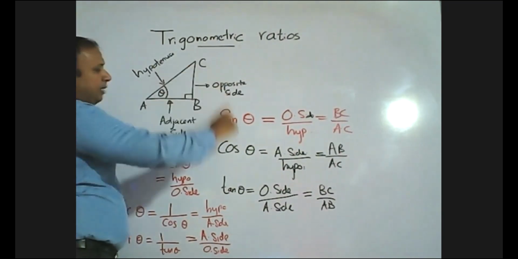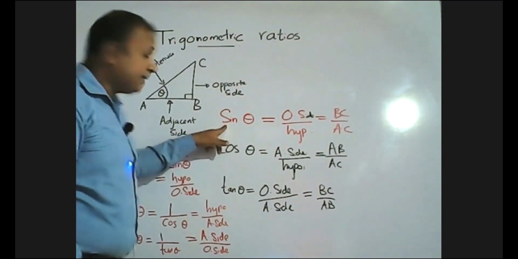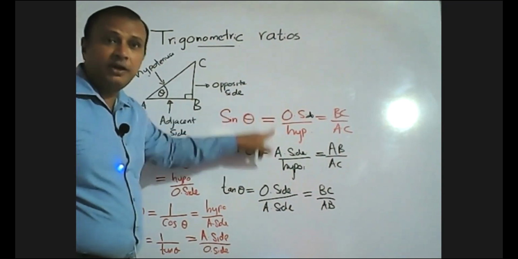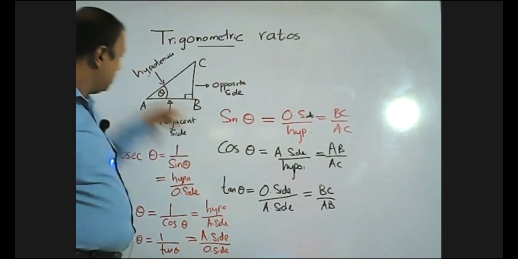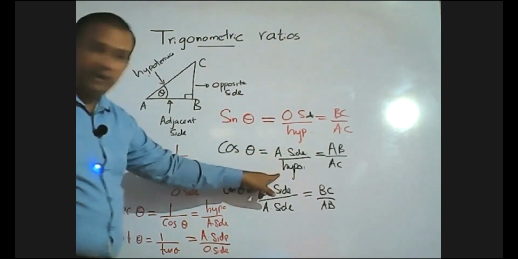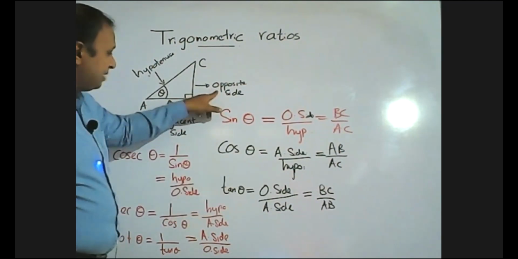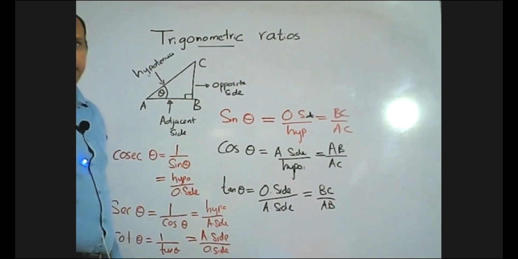You can remember the definition of sine theta. Sine theta is defined as the ratio of opposite side over hypotenuse. Cos theta is defined as adjacent side over hypotenuse. Then tan theta is defined as opposite side over adjacent side.